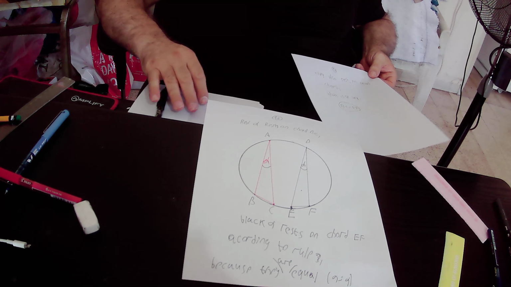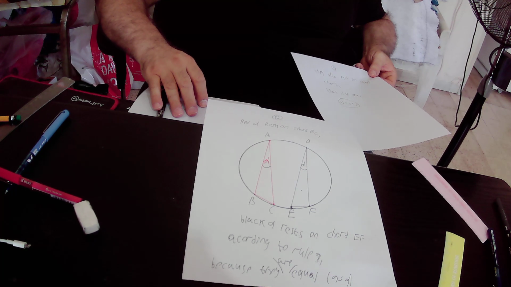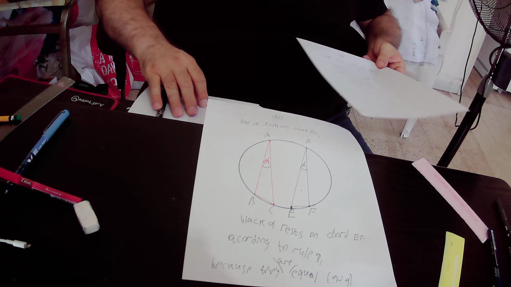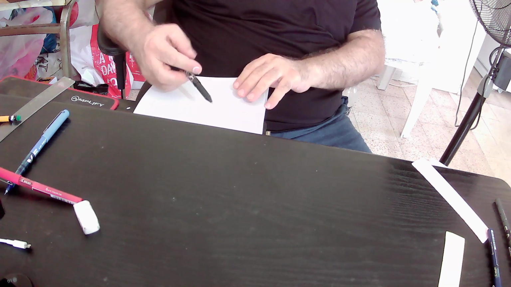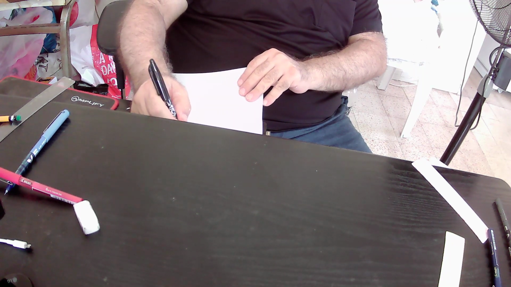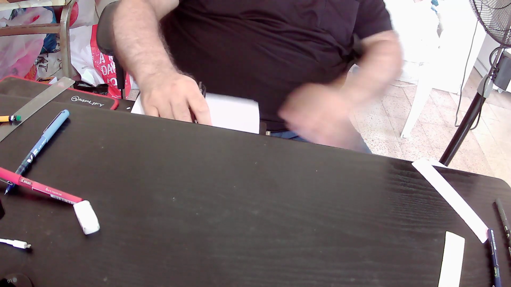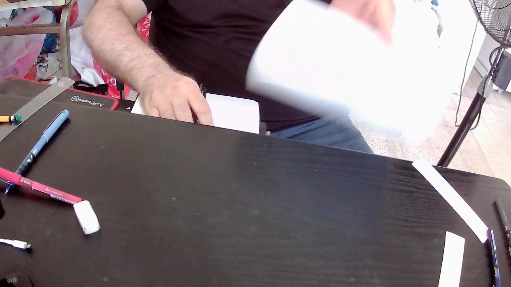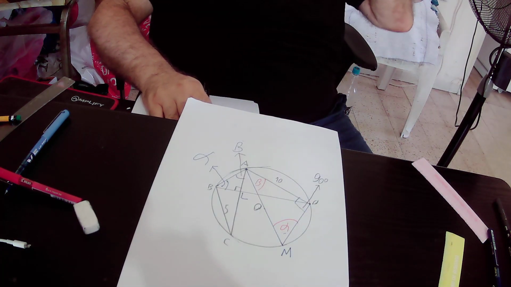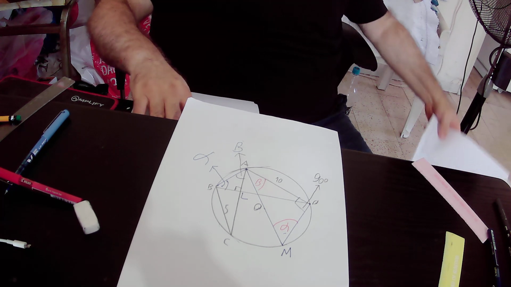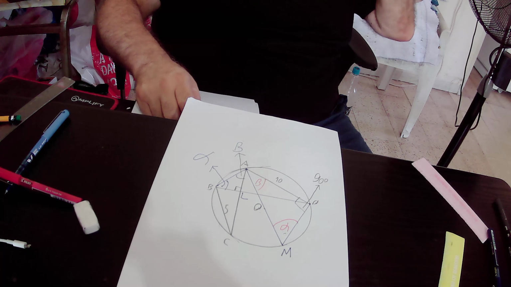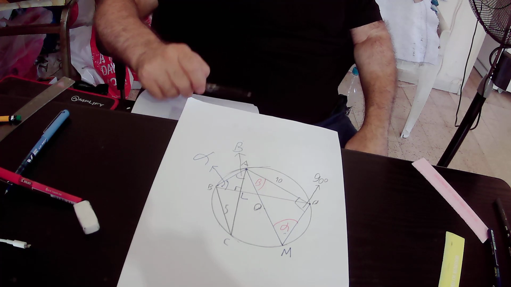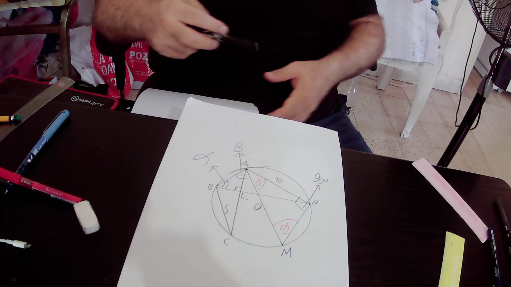and we actually can implement rule number 3 in our circle. Angle BAC equals beta.